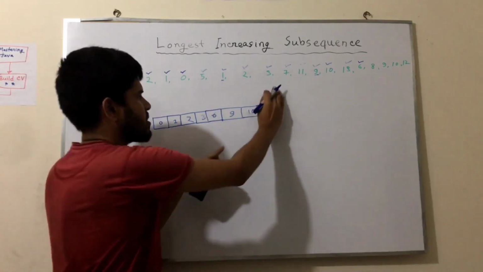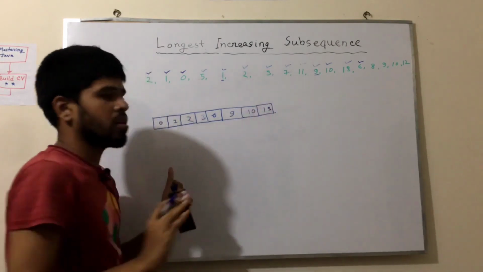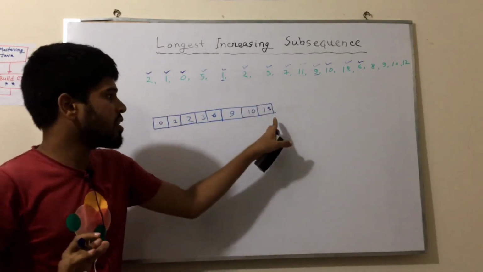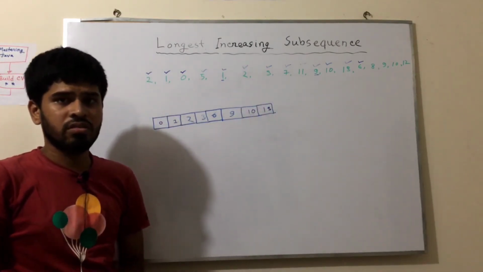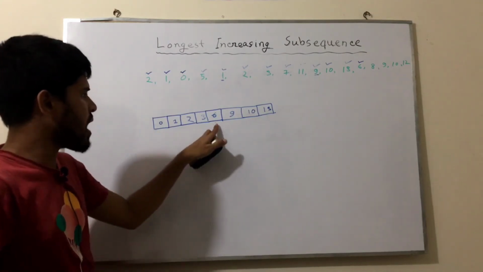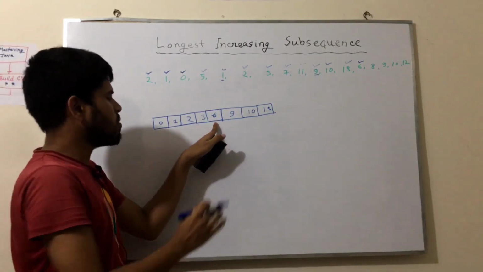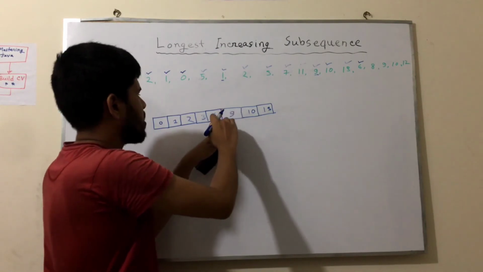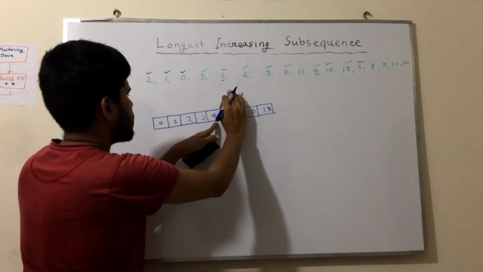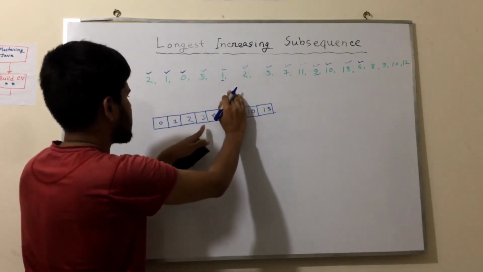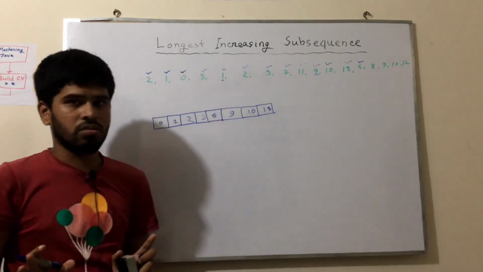On the left of 13 we know that all elements are less than 13 and maintaining the relative order, right? So we can update this value. If we update this value, on the left of 6 all the elements are less than 6, no problem at all.